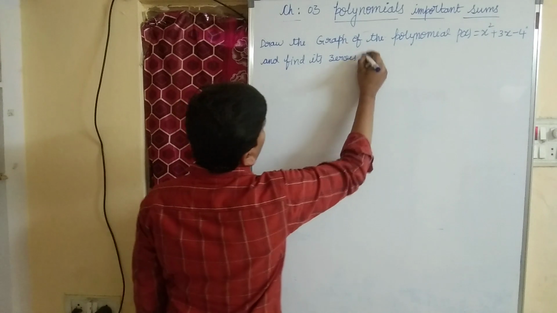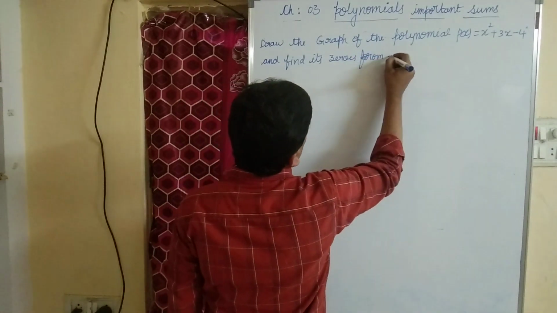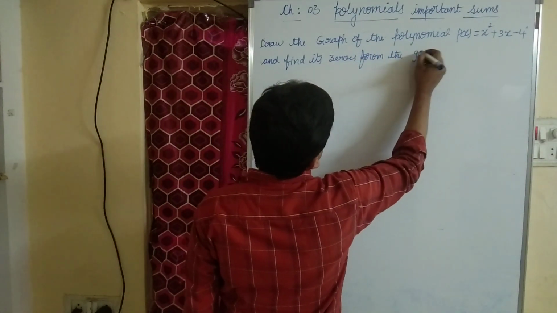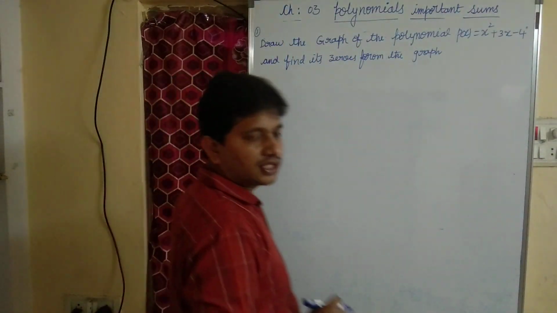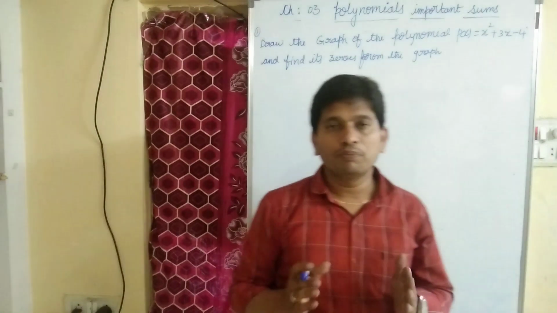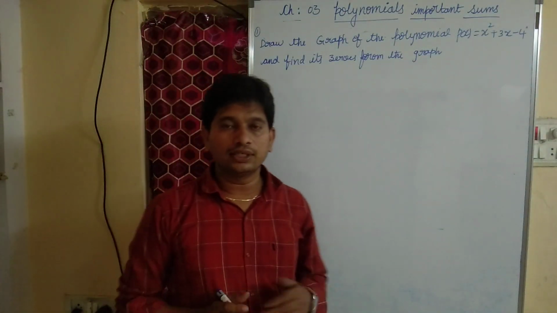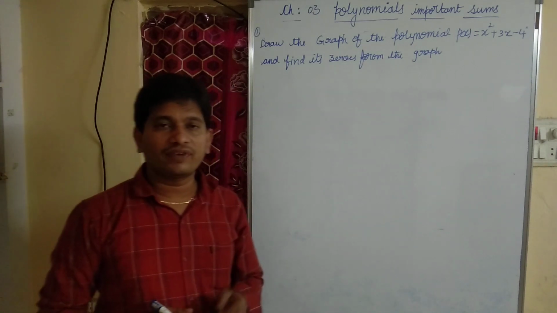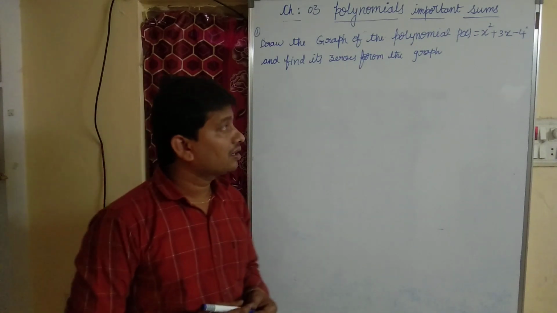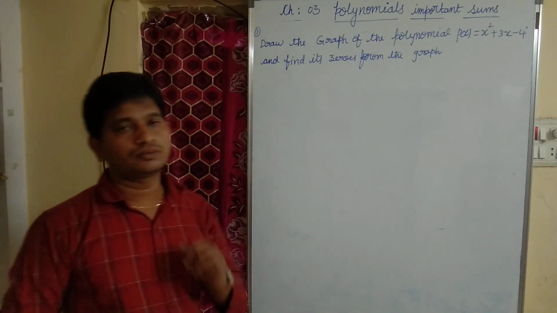See, these are the most important 8-mark questions this year. Draw the graph of the polynomial p of x is equal to x square plus 3x minus 4.